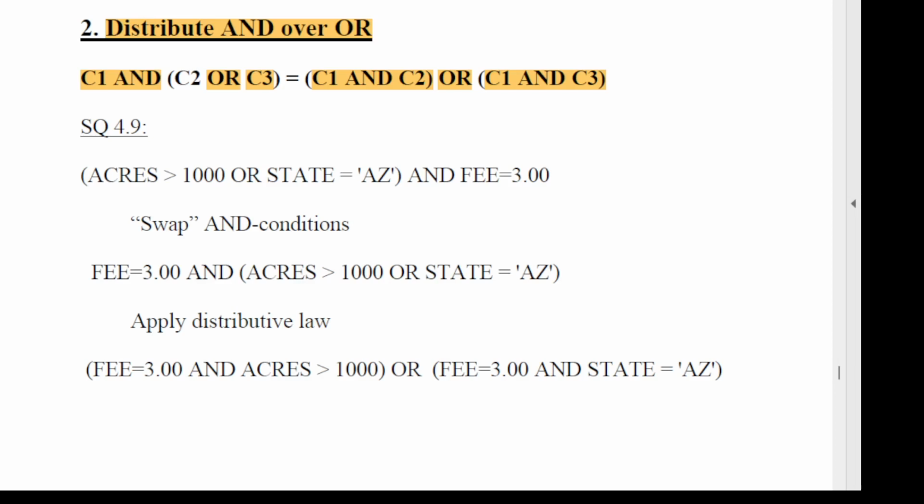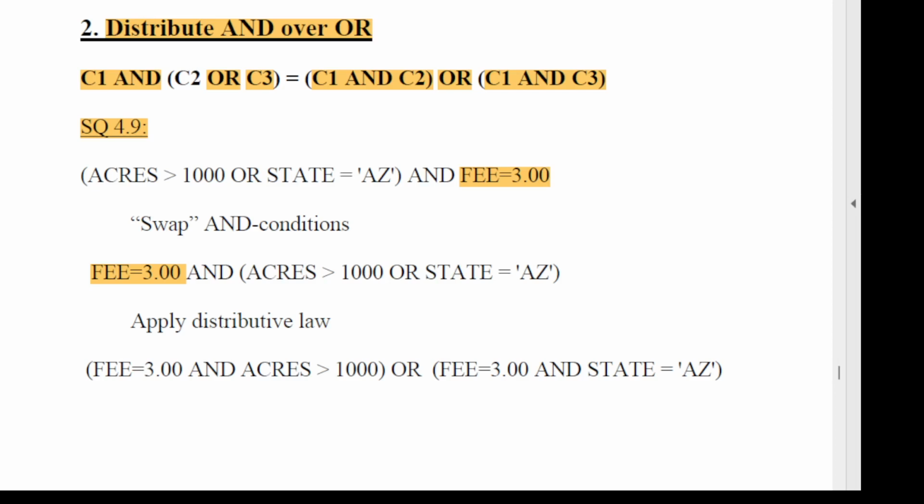In sample query 4.9, in order to set up the application of the law in a simple manner, I initially took this fee of $3 and swapped it and put it up front, and I swapped the AND conditions. If you're a math major, you know I'm talking about the commutative law of AND. Forget about that.